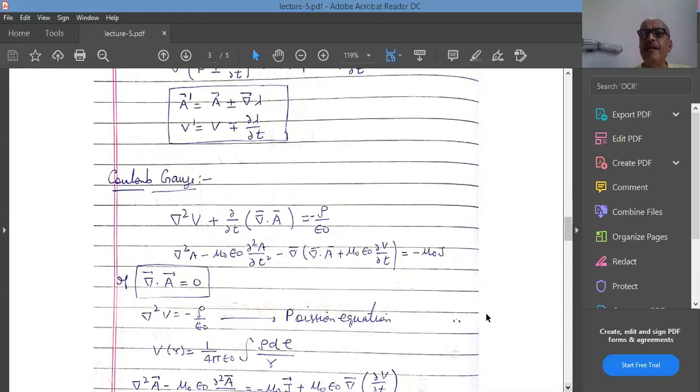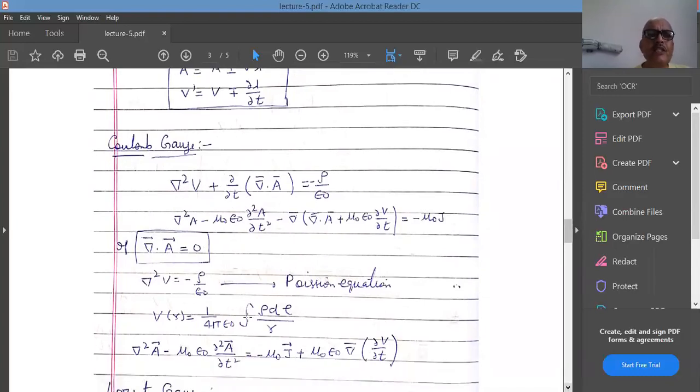And when I derived the first Maxwell's equation, I wrote the solution for V of R equal to 1 upon 4 pi epsilon 0, then a volume integral of rho d tau over R. This is the place where you have to recall the same solution. That means if you substitute divergence of A equal to 0, it makes equation number 3 very simple, or converts equation number 3 into the Poisson equation, whose solution is well known.